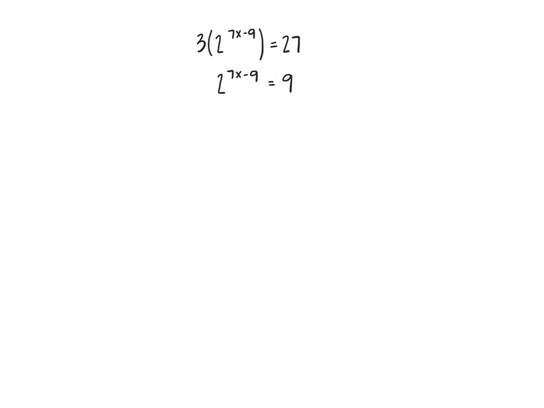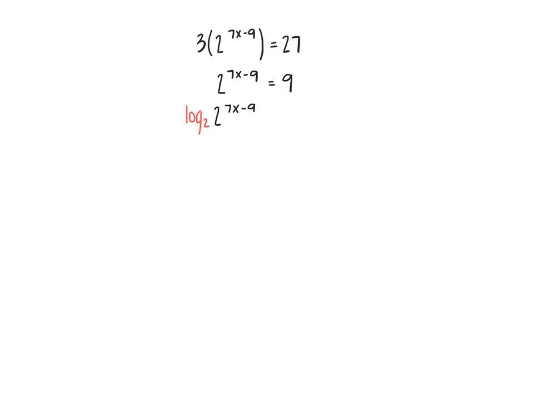Now, again, if I look at my two base numbers here, 2 and 9, there's no way for me to convert this 9 into a 2. So instead, I'm going to have to use my log properties to get rid of this 2 and to get x out of the exponent. So I'm going to go with log base 2 of 2 raised to 7x - 9.